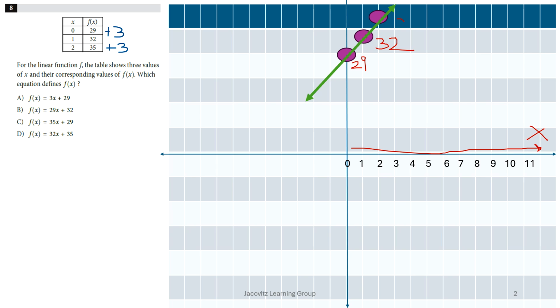And 2 is 35. And when I say that, you have all the information over here to the side.